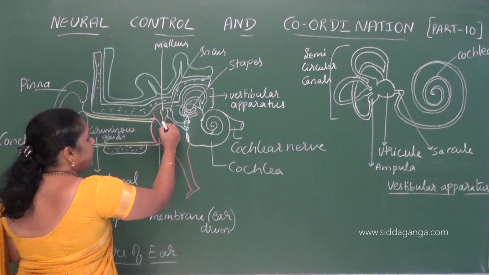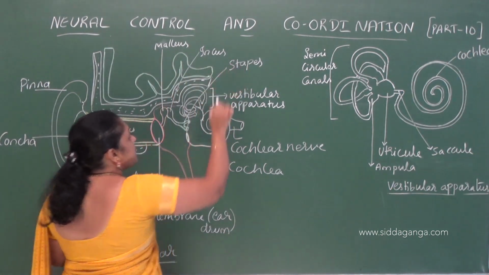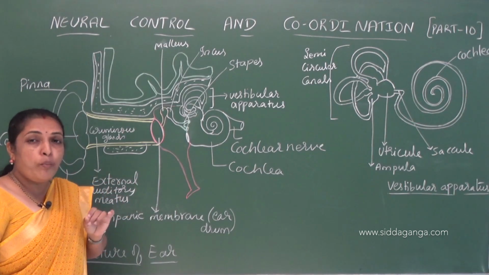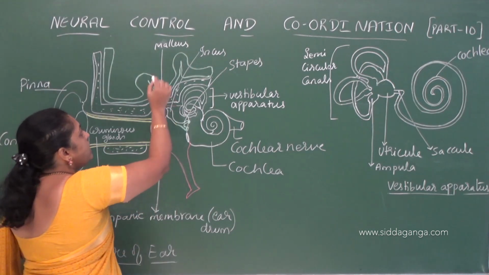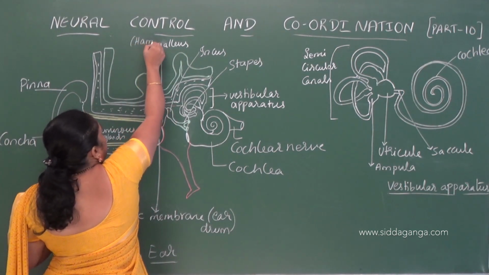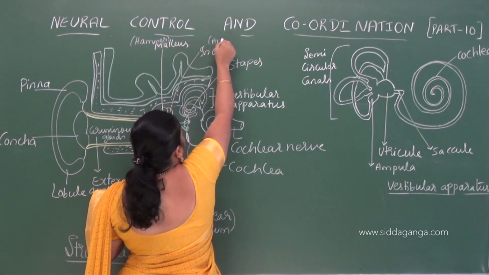That is connected with the three ear ossicles. Malleus, incus and stapes are called ear ossicles. They are small bones. Malleus is a hammer shaped bone. Incus is an anvil shaped bone.